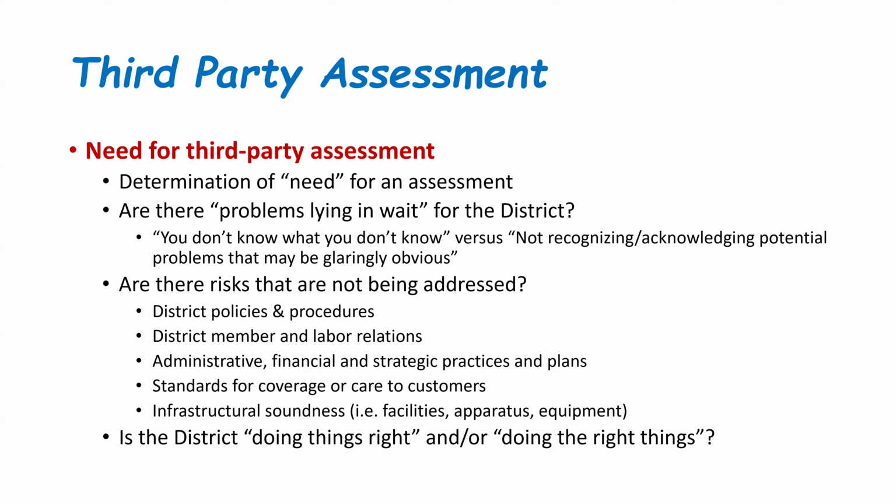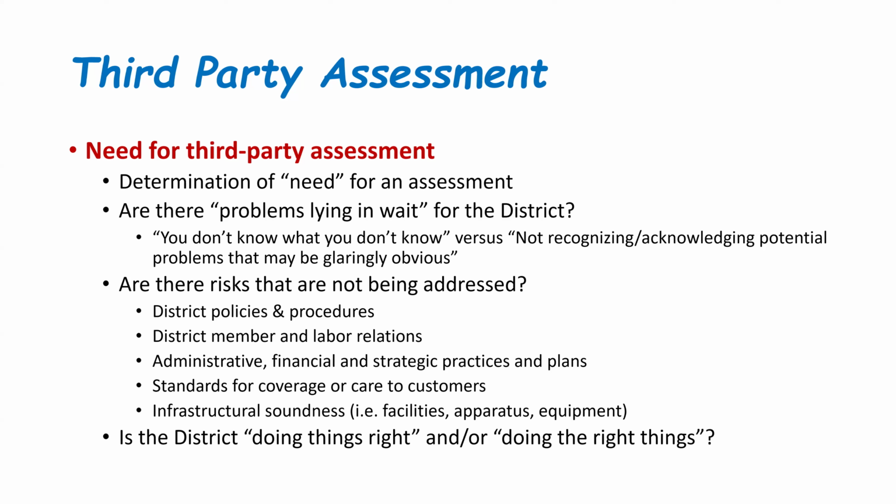Then think about whether there are risks we have that aren't being addressed for some reason. Are there procedures and policies and regulations that we have in place that are not effective, or ones that we don't have, controlling various things that we think we should? Do we have interpersonal relationship problems that we need help with from somebody coming in?